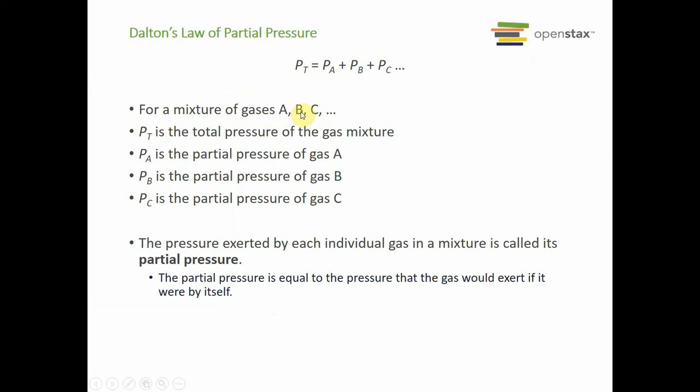For a mixture of gases A, B, and C, PT is the total pressure of the gas mixture, PA is the partial pressure of gas A, PB is the partial pressure of gas B, PC is the partial pressure of gas C. The pressure exerted by each individual gas in a mixture is called its partial pressure. The partial pressure is equal to the pressure that gas would exert if it were by itself.